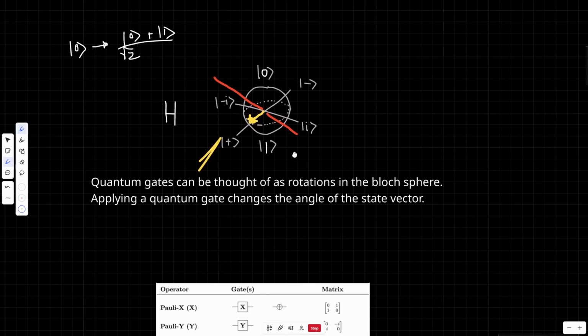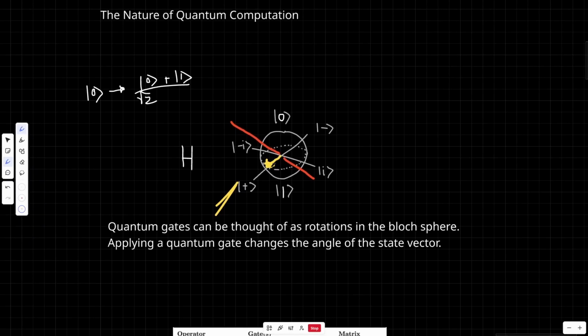Okay. Applying a quantum gate changes the angle of a state vector. And so you would see some very important properties of a quantum gate, such as reversibility. Since quantum gates are reversible, you can think of them as applying the same rotation.